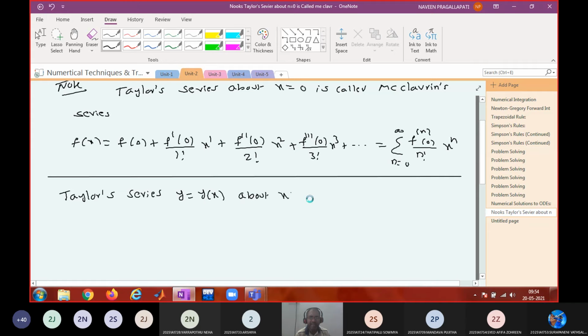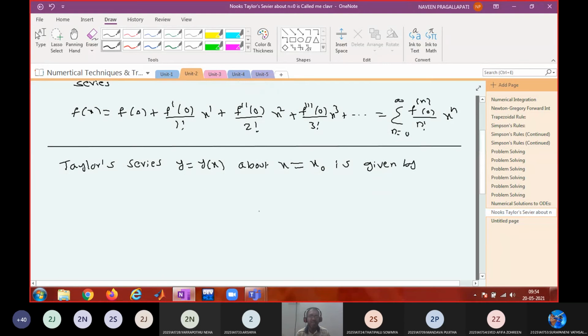Just change the notation. Can you tell me? What is the Taylor series of y equal to y of x about x equal to x naught?